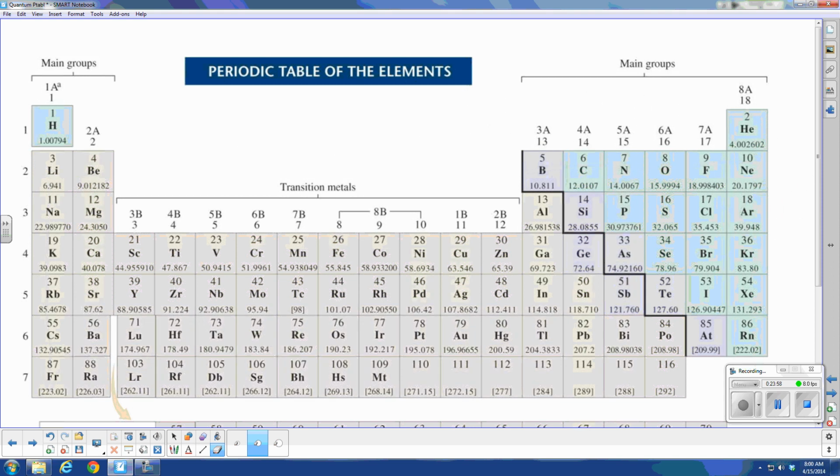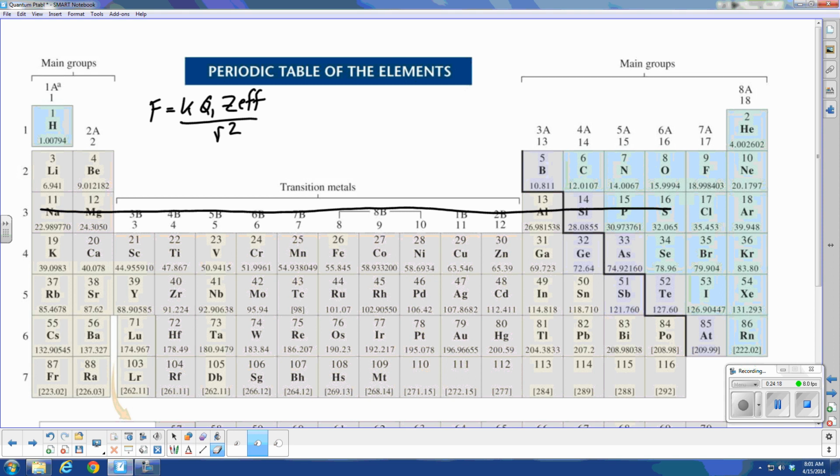Let's put our ubiquitous Q1, and I'm going to put Z effective here, and I'm going to put R squared. We want to explain all these things in terms of Coulomb's law. As I go from left to right in a period, my Z effective is increasing.